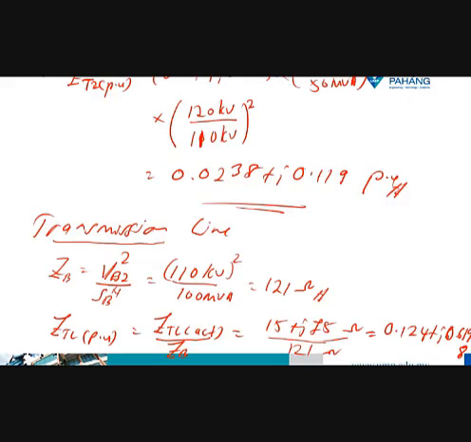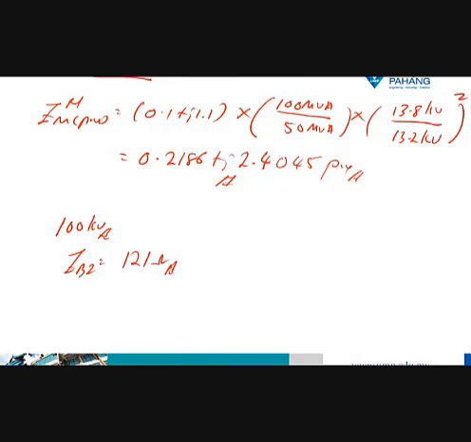Let's say Z transmission line is 0.124 per unit, the resistance value. If we want to calculate ZTL actual, ZTL actual equals ZTL per unit new times Z base.